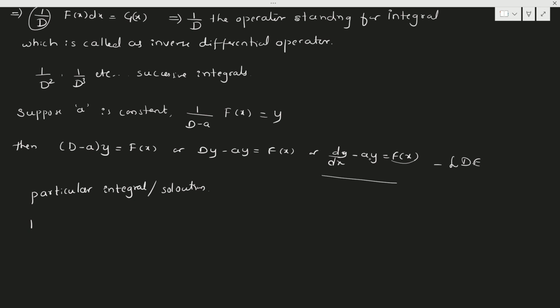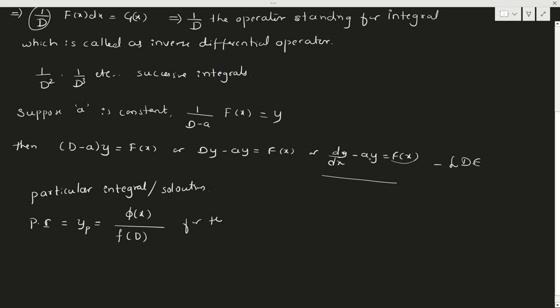How do you represent it? Particular integral, PI, symbolically yp, is phi of x divided by f of D for the given differential equation. The particular integral is for non-homogeneous differential equations.